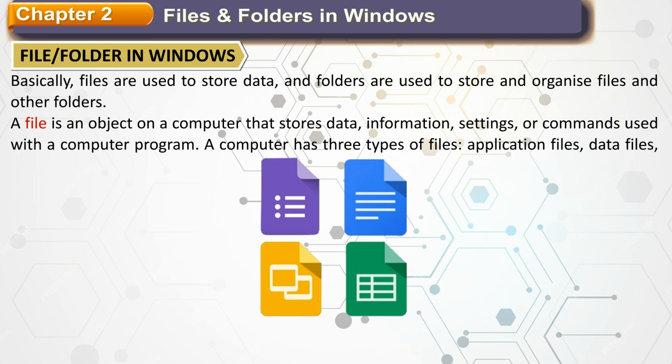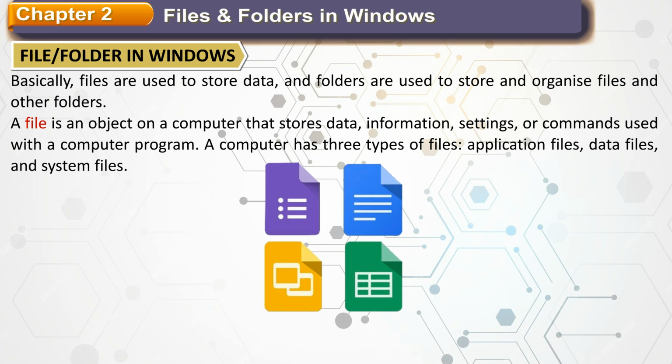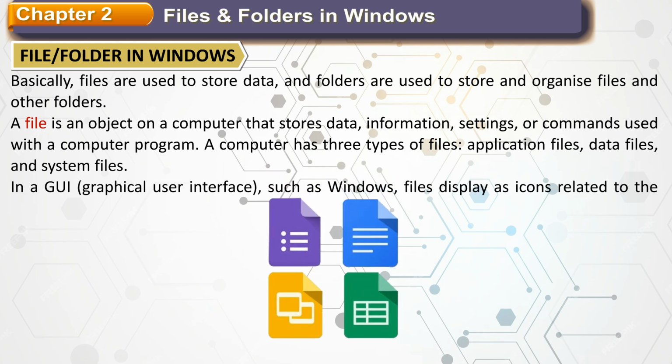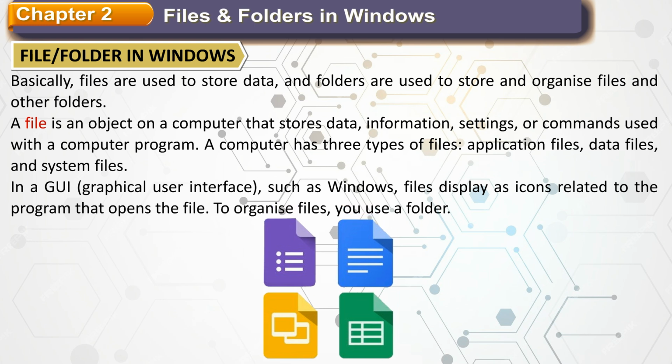A computer has three types of files: application files, data files, and system files. In a GUI, graphical user interface, such as Windows, files display as icons related to the program that opens the file. To organize files, you use a folder.